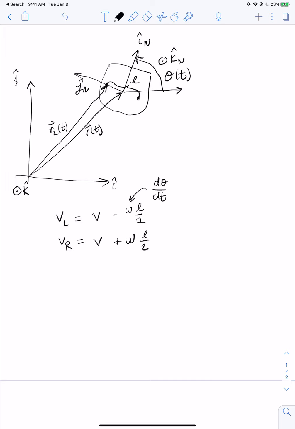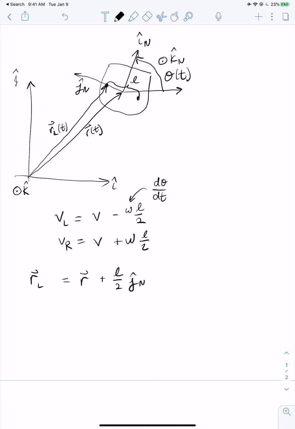To clean up the derivation from here on out, I'm going to leave time implicit in some of these vectors. For instance, r is a vector function of t, but I'm just going to write vector r, and we're going to remember that it has a dependence on t. So R_L is going to be equal to r plus L over 2 j hat Nito.